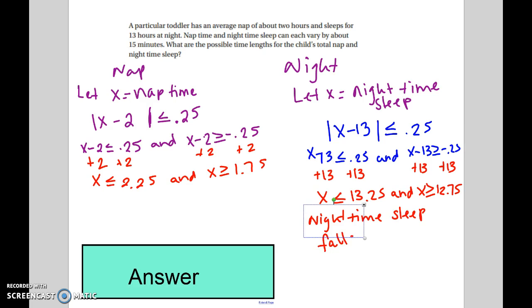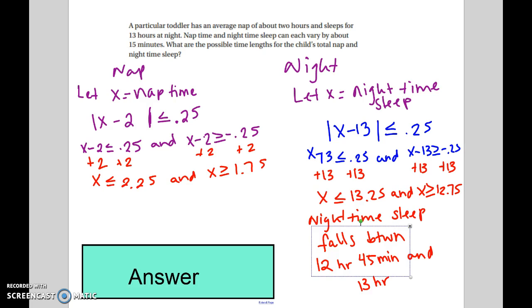So nighttime sleep falls between 12 hours and 45 minutes and 13 hours and 15 minutes.